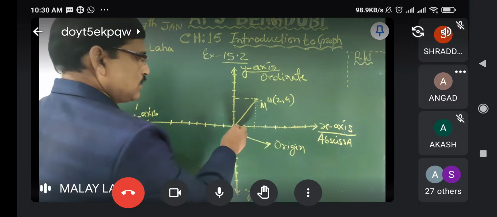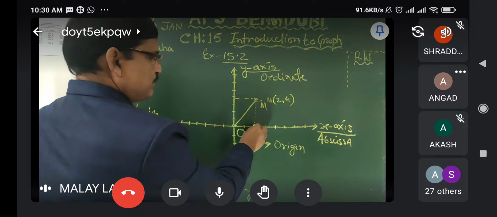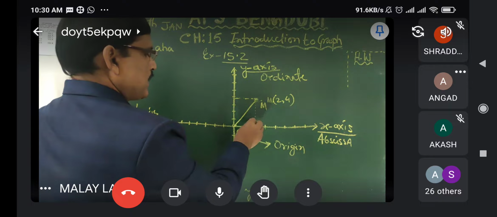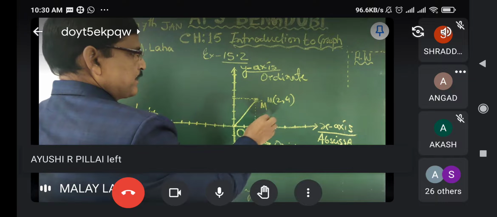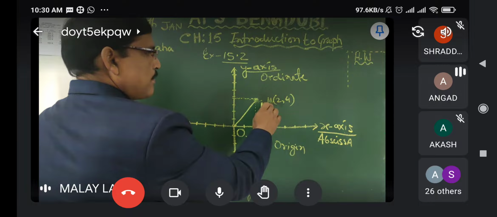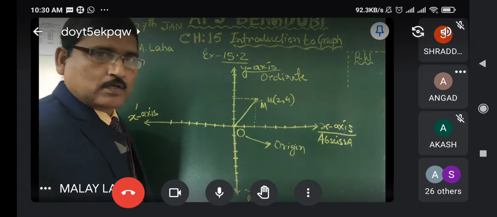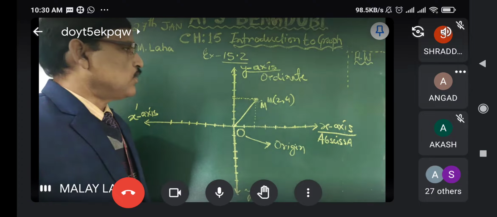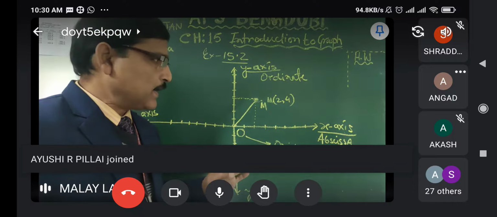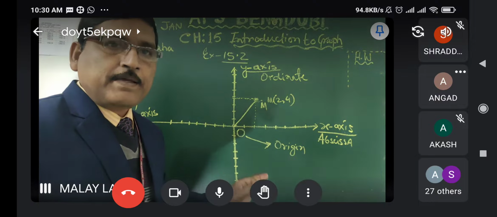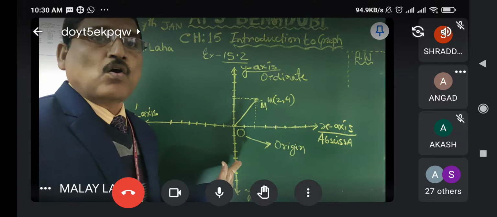Okay, so how to count? Point is here, drop the perpendicular line, it is matching with 2, and drop the perpendicular line here, it is matching with 4. So coordinate of point M is 2, 4. So what is called coordinate then? Coordinate is the measure of any point on the Cartesian plane from its origin.